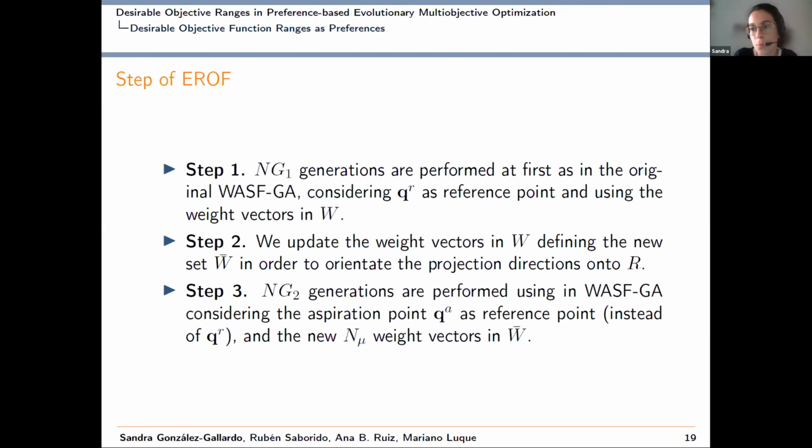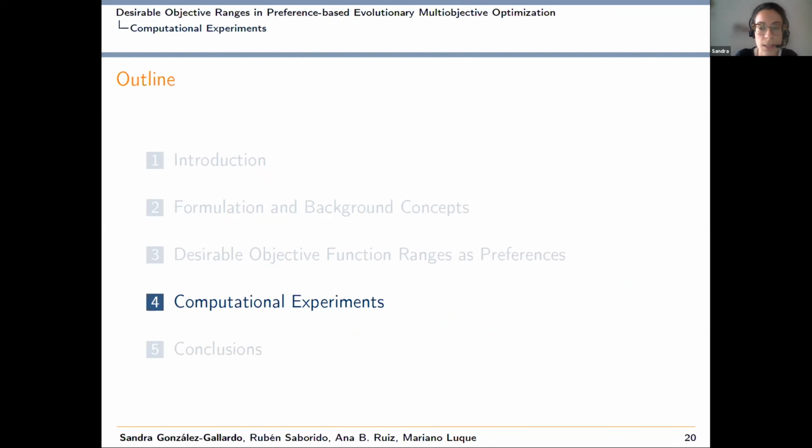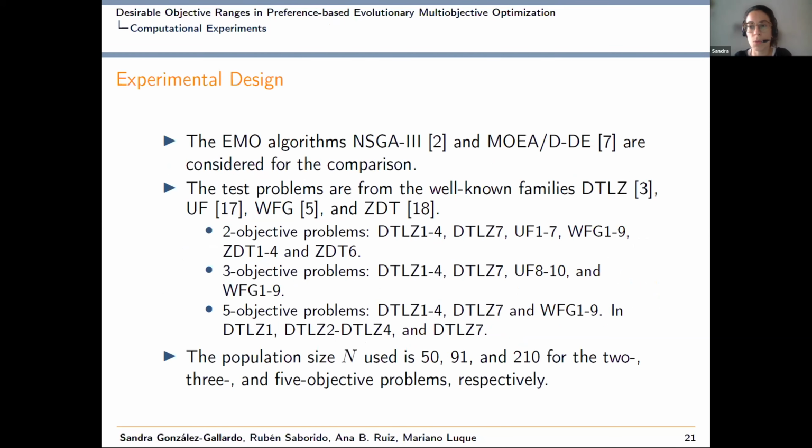In order to measure the performance of this algorithm, we designed a computational experiment. We compare the EROF algorithm with NSGA3 and MOEA/D. We use test problems from the well-known families DTLZ, UF, WFG, and ZDT.